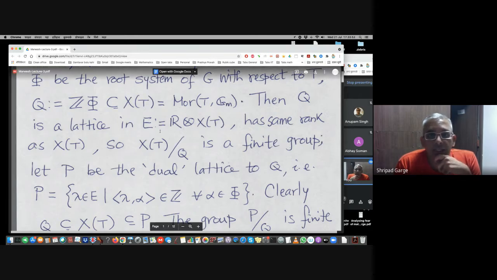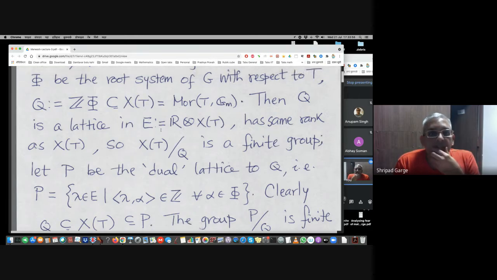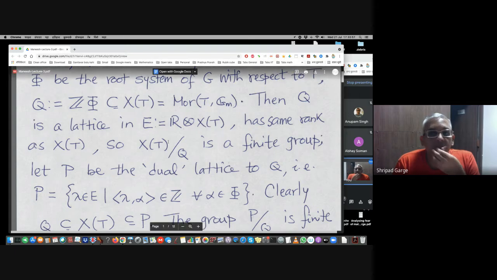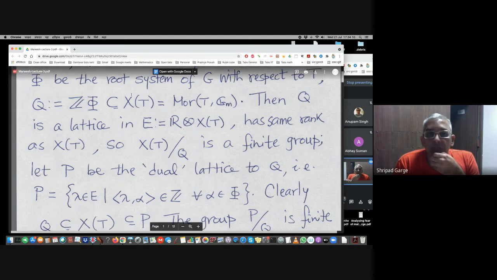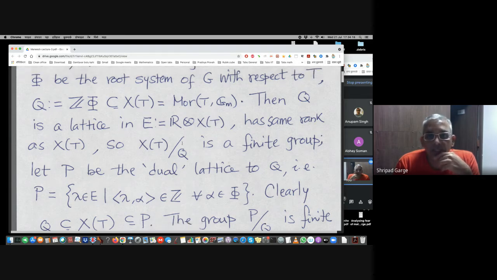Then it's a lattice in the vector space generated by the character lattice. It will have the same rank as X(T). So X(T) mod Q is a finite group. X(T) is the set of all characters, and by Q we have only the root lattice. So therefore this is a finite group.